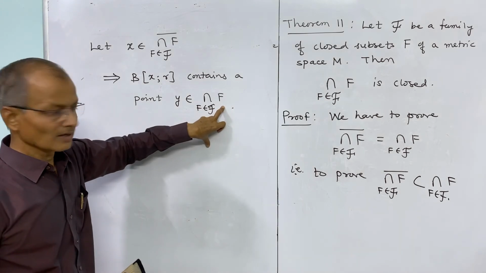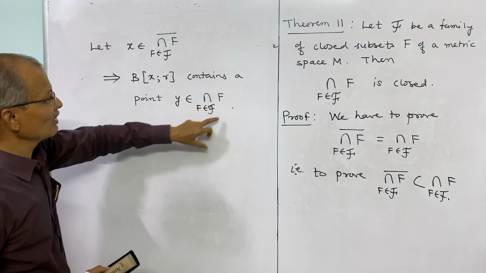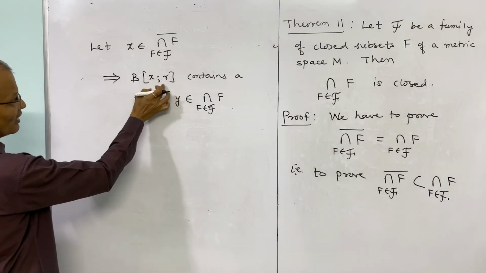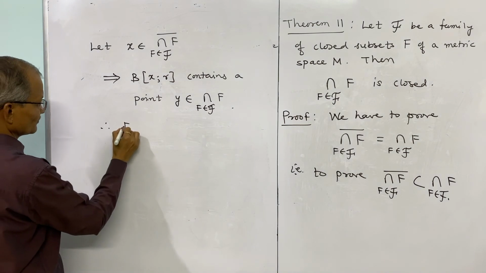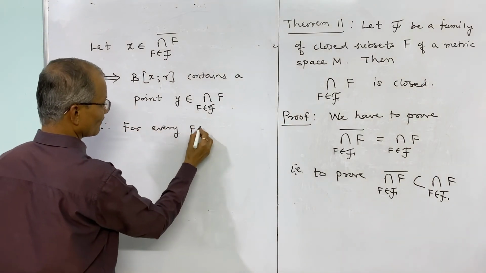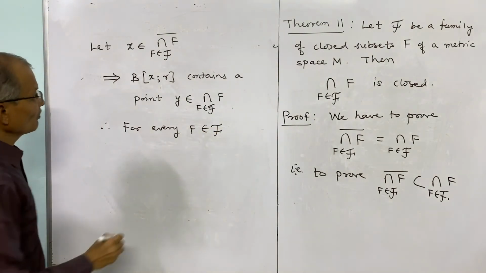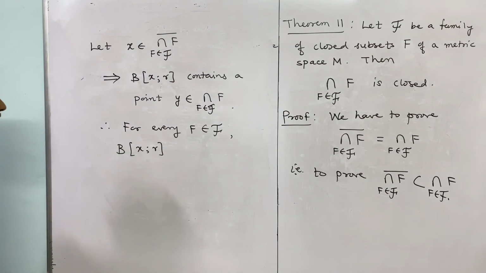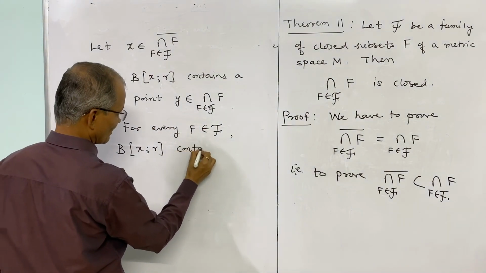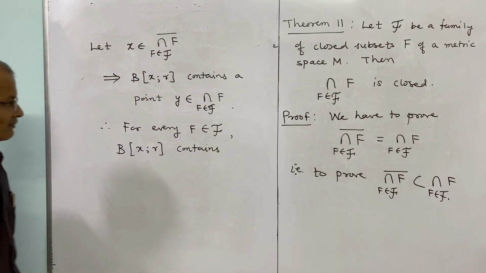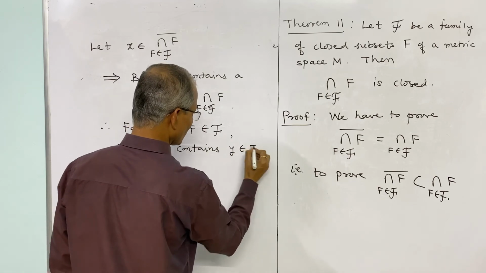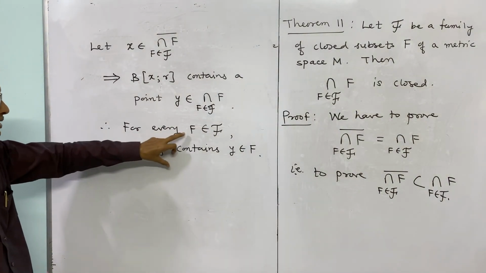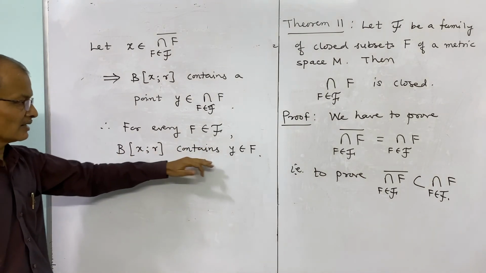Therefore, for every F belonging to the family, Y is in this open ball of radius R about X. So for every F belonging to the family, the open ball of radius R about X contains a point Y belonging to F. Y belongs to F for every F, and thus Y is a limit point of every F.